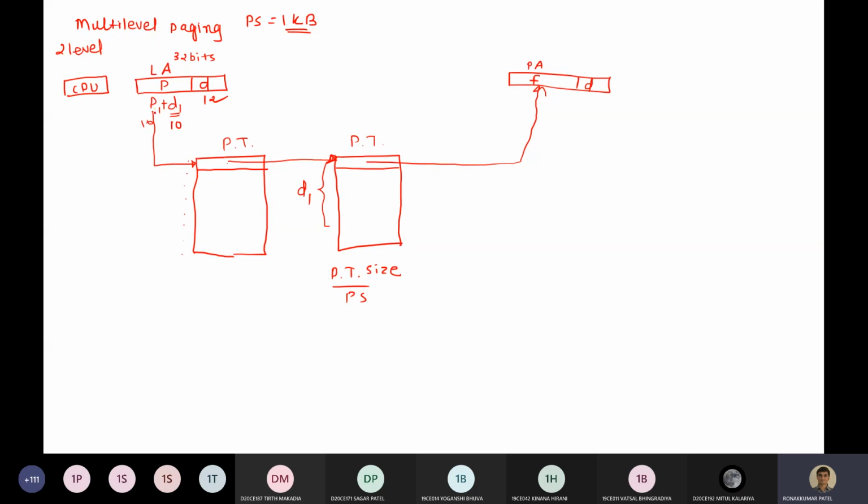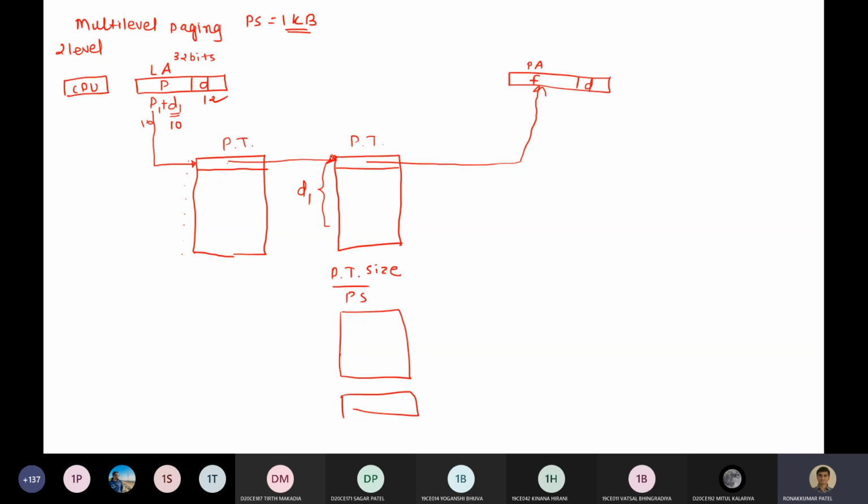The first portion, P1, will search in the outer page table using the index. It will find the entry and it will give the address of the next page table. What does this page table hold? It holds the address of another page table. So suppose there is another page table; it will store the starting address of this page table.